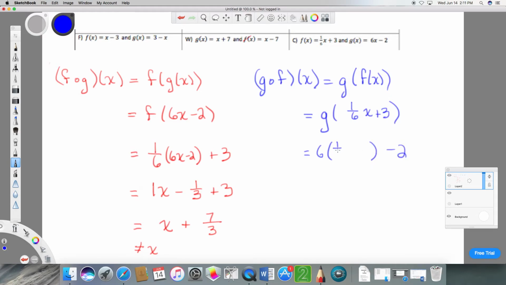So we take 6 times 1/6 x plus 3. When we multiply these reciprocals together, we just get 1. But 6 times 3 is 18, and 18 minus 2 is 16. And this is not equal to x. So we know that these two functions are not inverses.